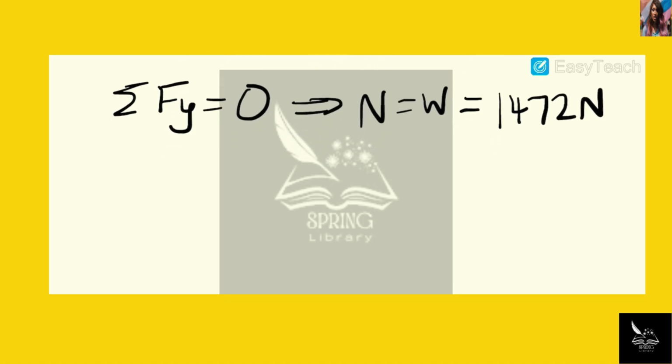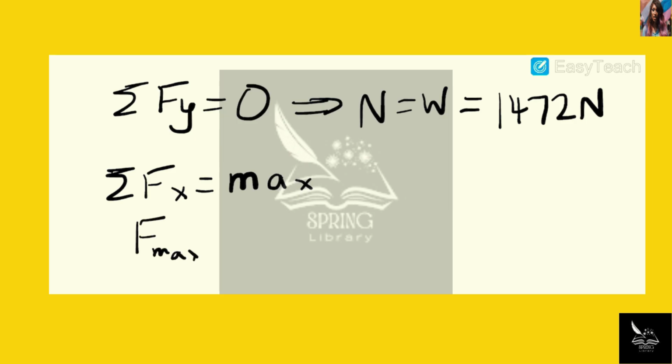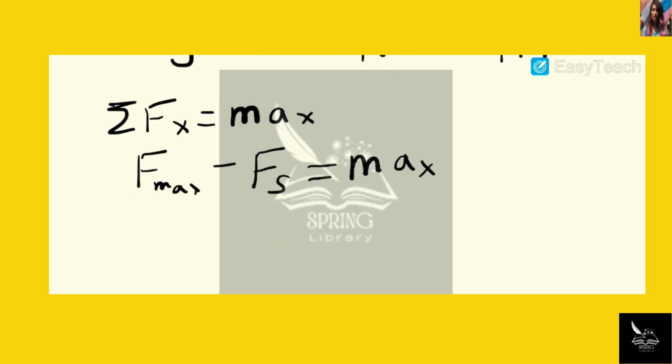Next, we can say that the net force in x is equal to max. This is because the net force in x is not zero since the box is accelerating. Therefore, we can say that the maximum force minus the friction force is equal to mass times acceleration.